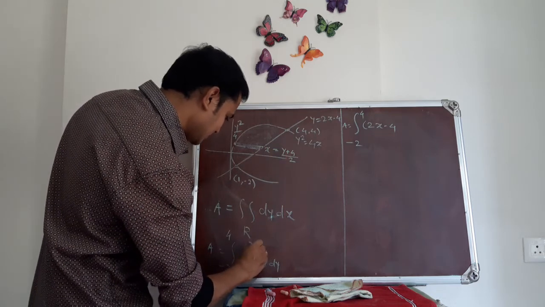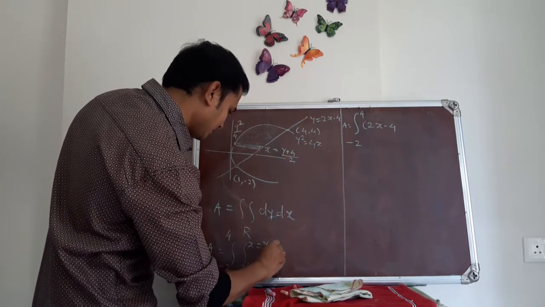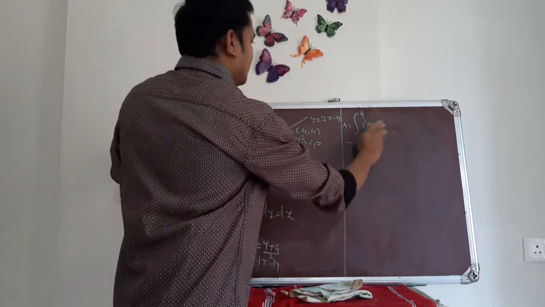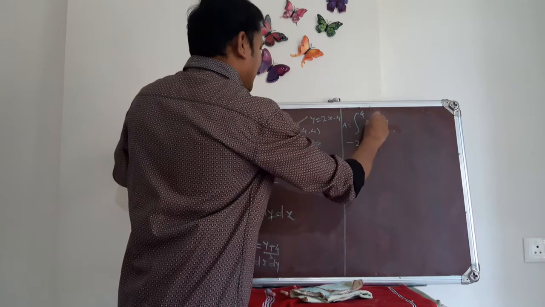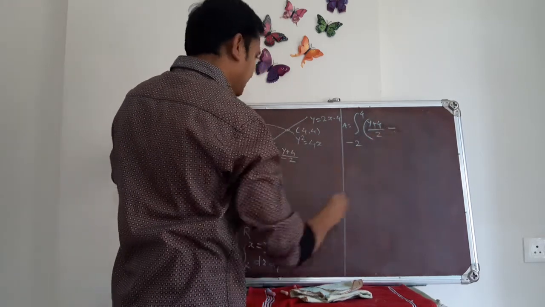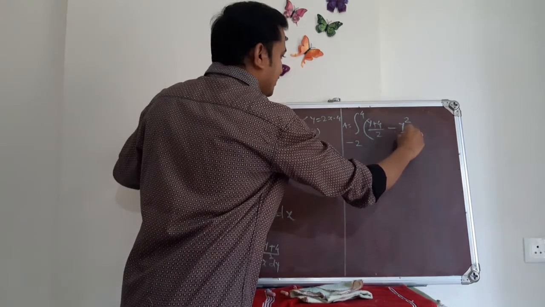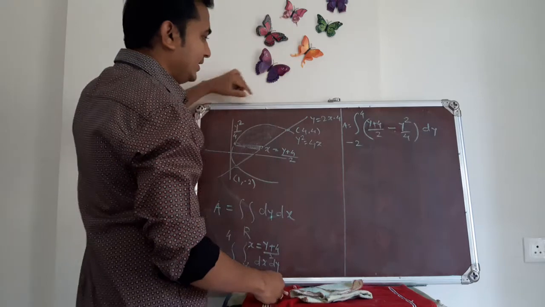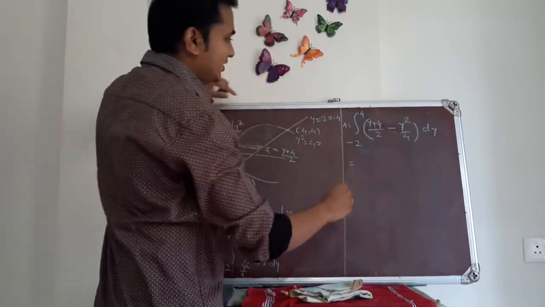This is x is equal to y plus 4 upon 2. So y plus 4 upon 2 minus the lower limit, that is y square by 4, dy. Okay, so do this calculation now.